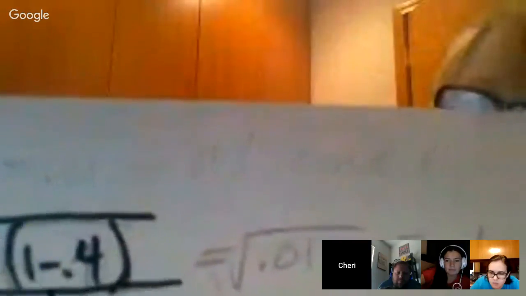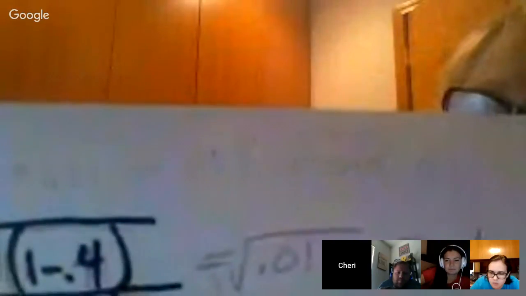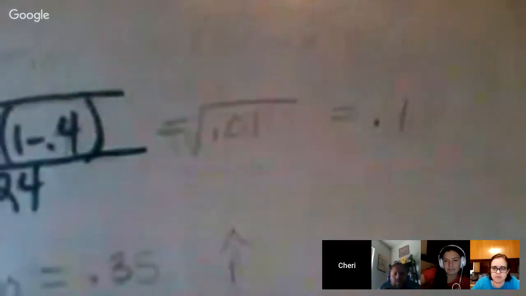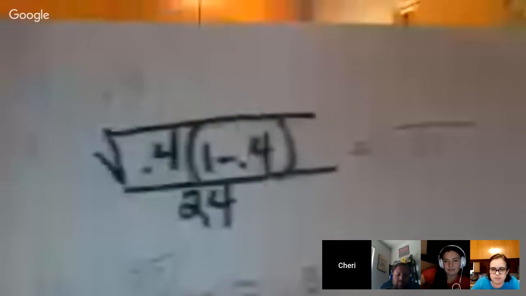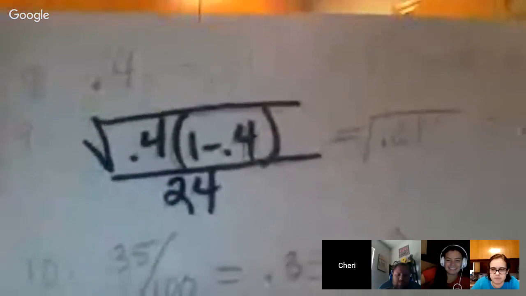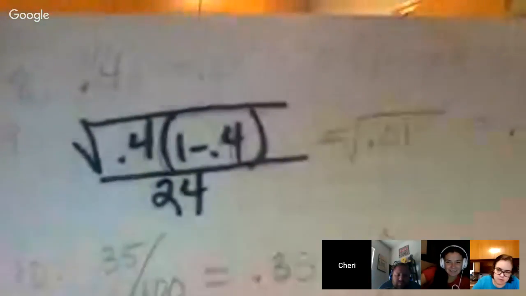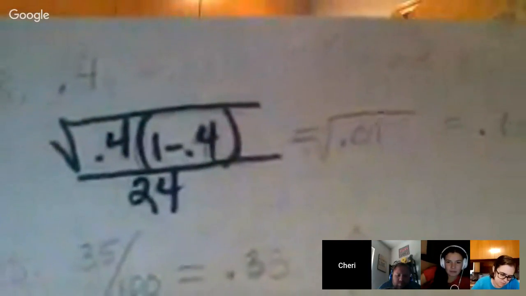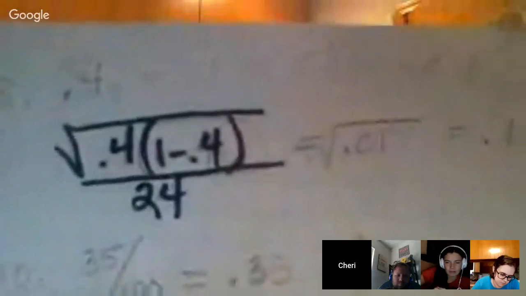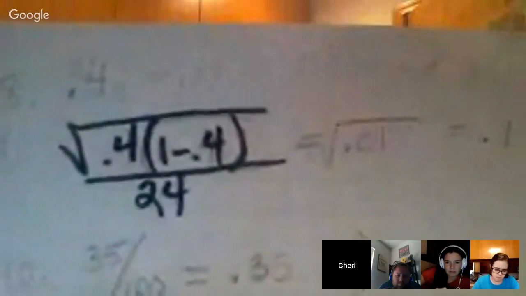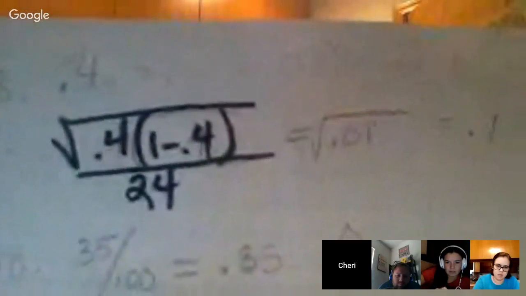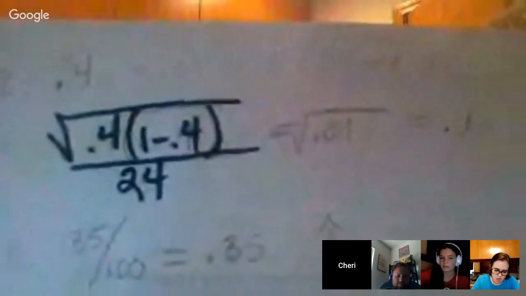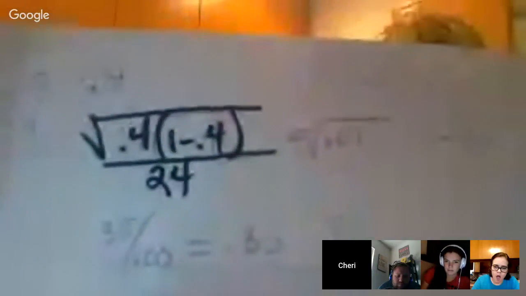Up just a little. To the left, just a little. You got it. That was perfect. Okay. So 0.4 is P times 1 minus P over N, and then after you do all that, you square root it.